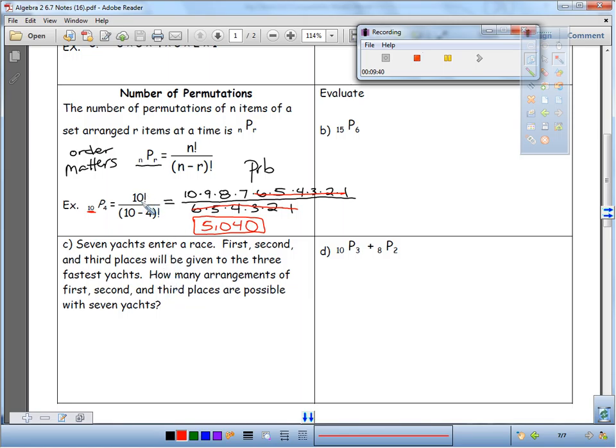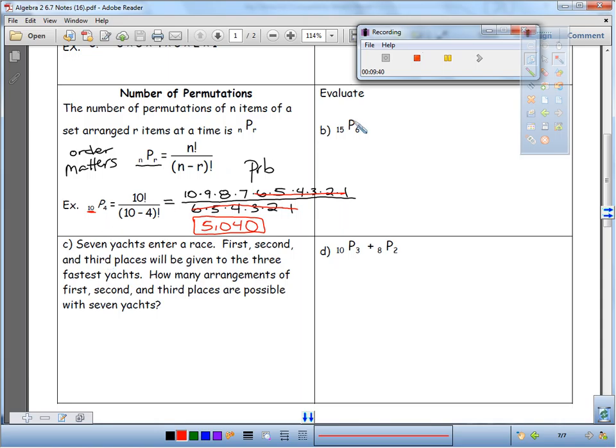Do 10 factorial. Everyone's doing this, so we get to learn how to do this. 10 factorial, then divided by 6 factorial. Then hit equals. Is anyone not able to get that 5,040 using your NPR button or the factorial button? If you can't get that, then please ask. I will show you how to do it. We're all good?